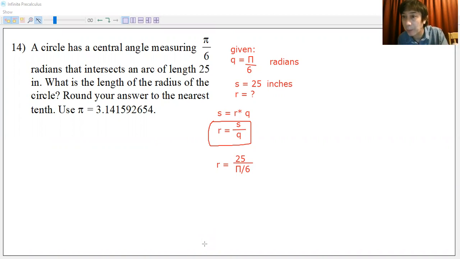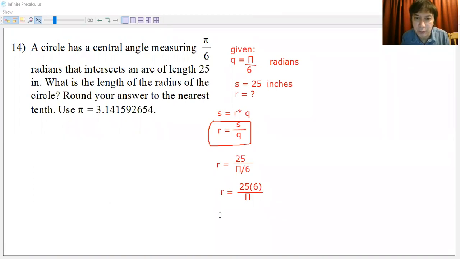The 6 goes up to the numerator, so that will become 25 times 6 over pi. Because it's 25 divided by pi over 6.